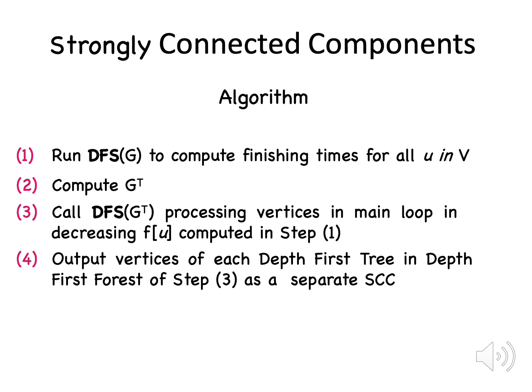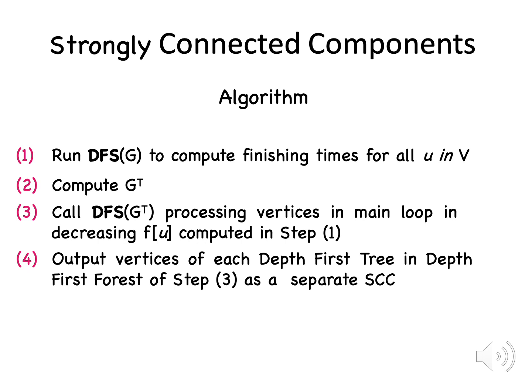Call DFS on G transpose, processing vertices in the main loop in decreasing order of U.f computed in step 1, the finishing time computed in step 1. That is how you get G^T. Now output the vertices of each depth first tree in the depth first forest of step 3 as separate strongly connected components. That gives you the answer.